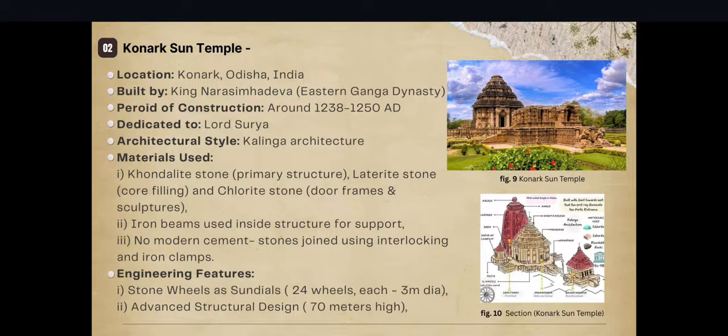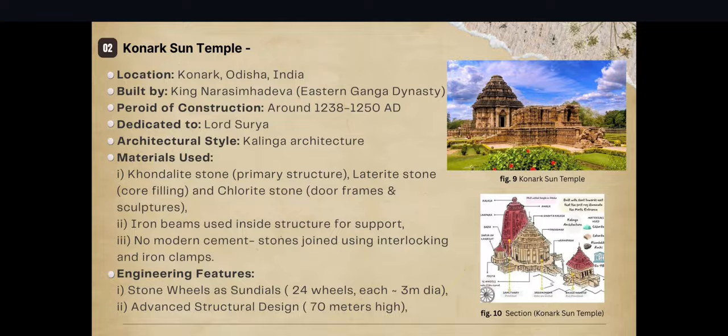Another case study is the Konark Sun Temple, located at Konark, Odisha, built by King Narasimha of the Eastern Ganga dynasty. Period of construction around 1238 to 1250 AD. Dedicated to Lord Surya, architecture style is Kalinga architecture, in which materials used are khondalite stone, laterite stone, and chlorite stone. Iron beams used inside the structure for support.